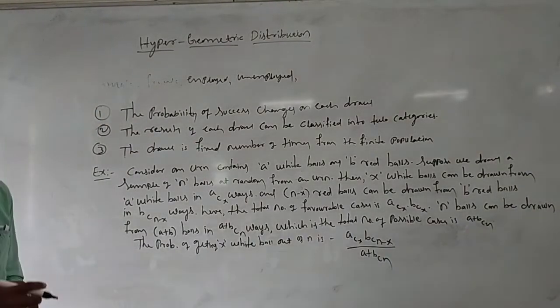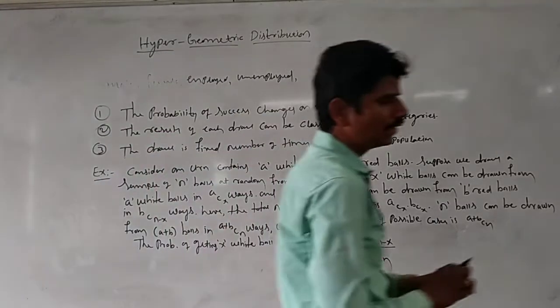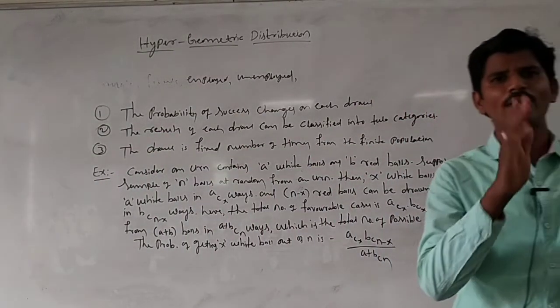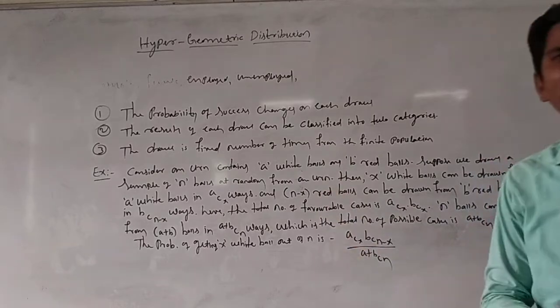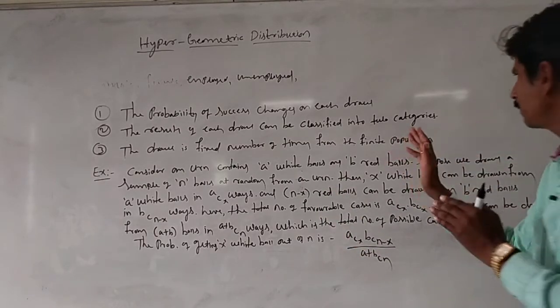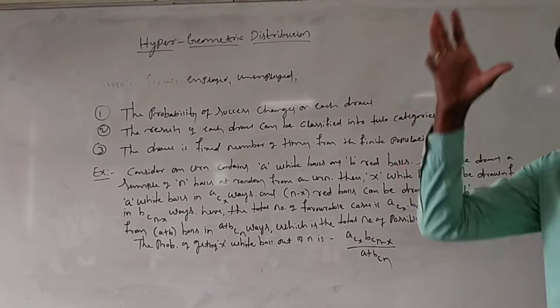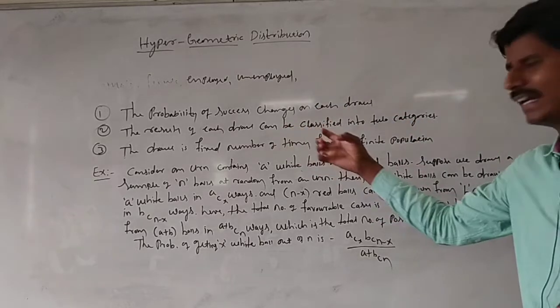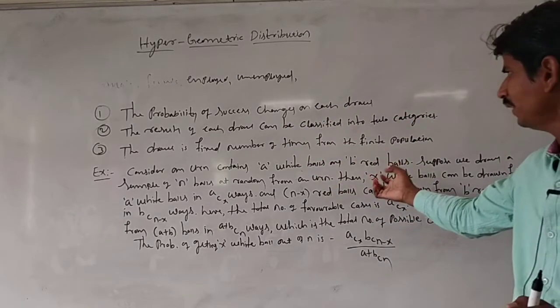It is an example. Once again, consider an urn contains A white balls and B red balls. Here A is the white balls and B is the red balls. Suppose we draw a sample of n balls at random from an urn.